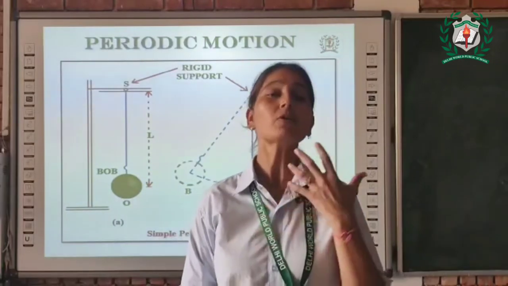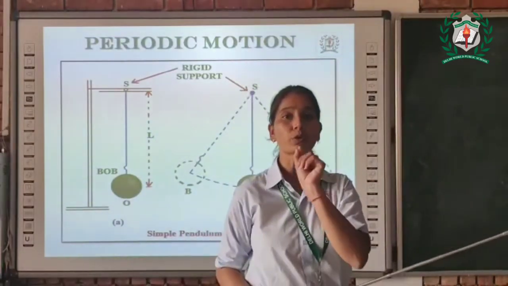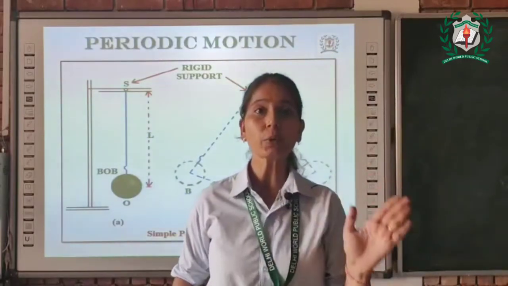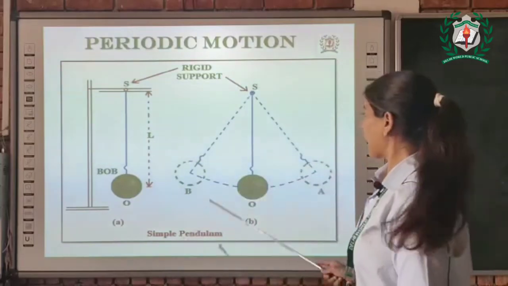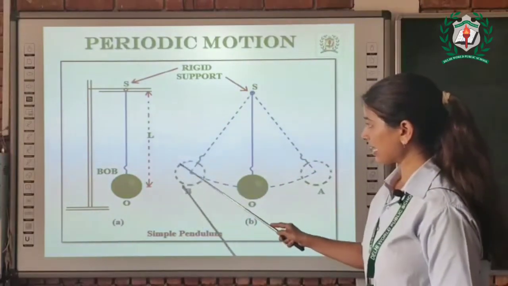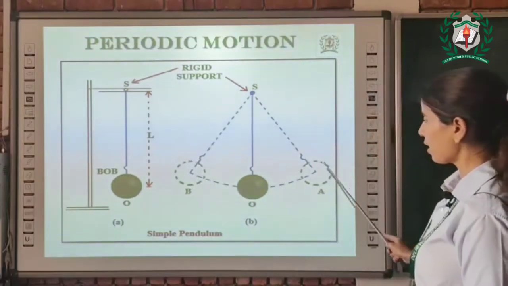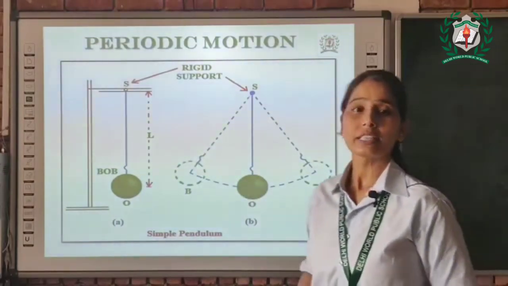Now we'll talk about oscillation. When the bob moves from its center to its extreme end and back, it is said to complete one oscillation. From rest, it moves here and again moves here. This is known as one oscillation.